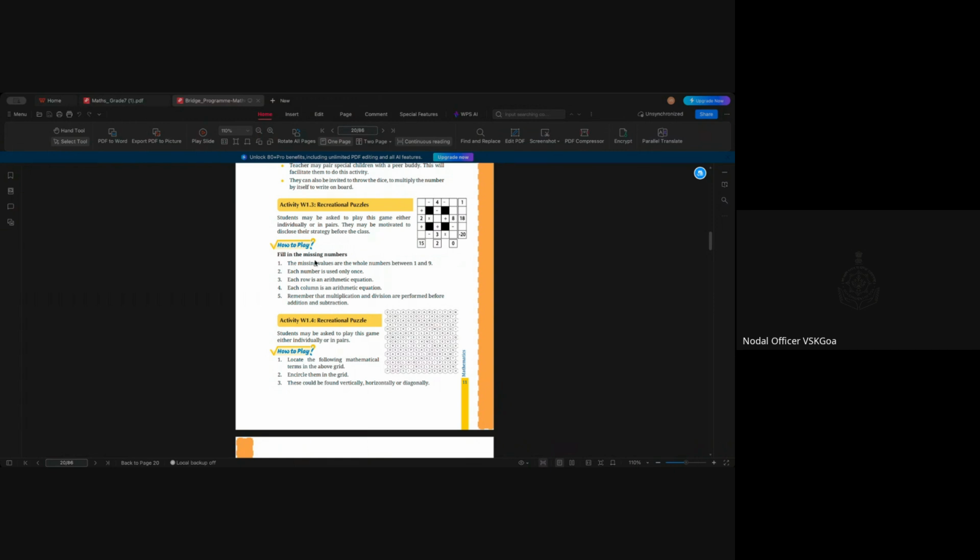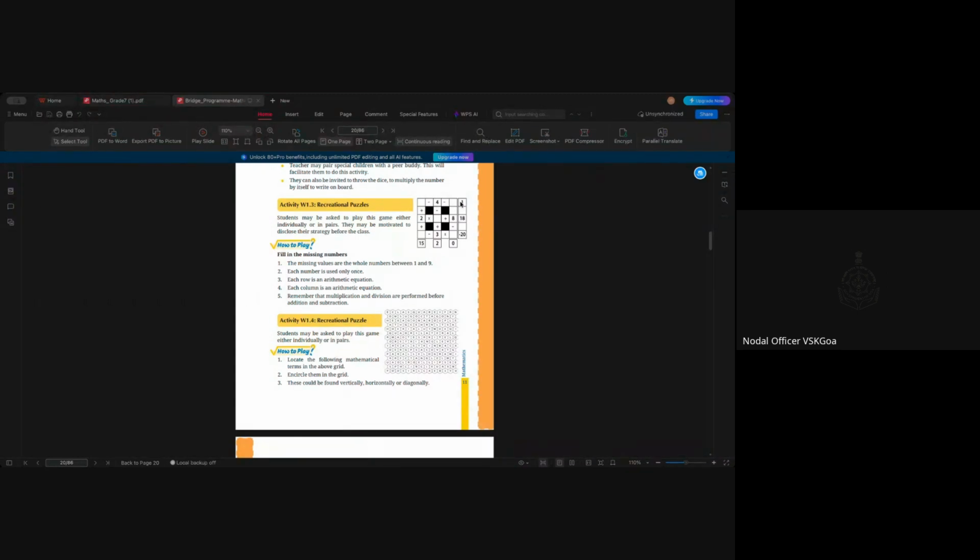Now here, see what is given to me. Some instructions are given. The missing values are the whole numbers between 1 and 9. So by the way, single digit numbers only I have to enter in this particular grid. You can see a grid is mentioned over here, and this is the sum.